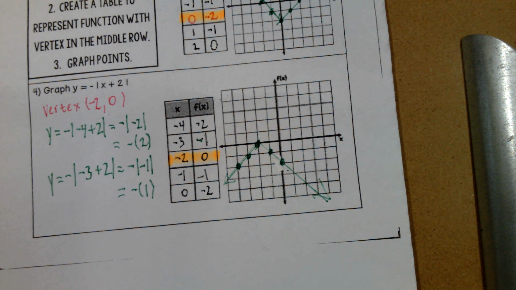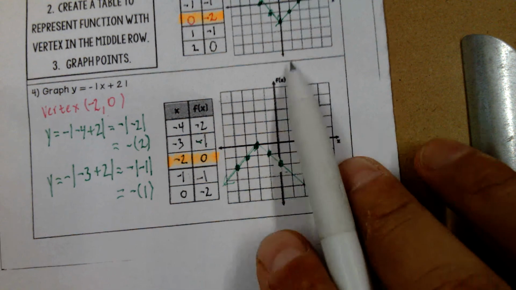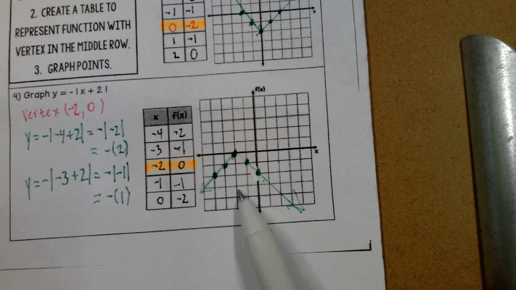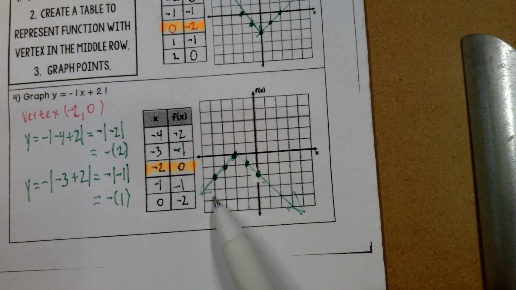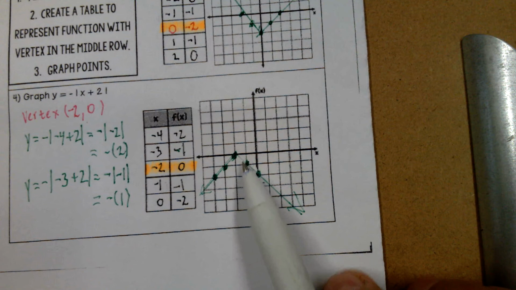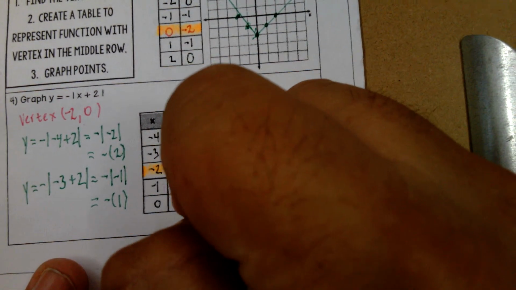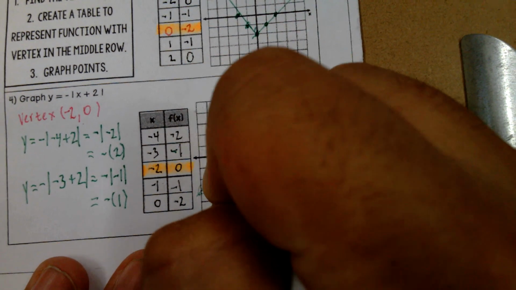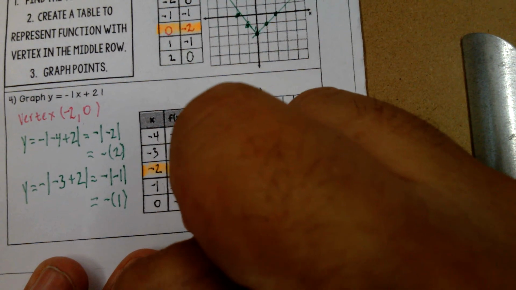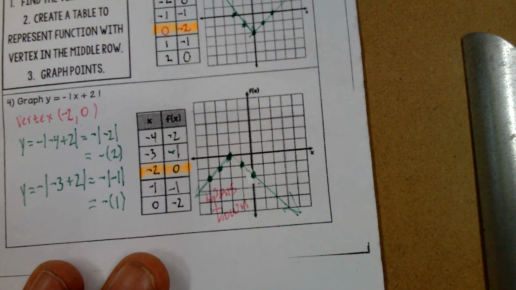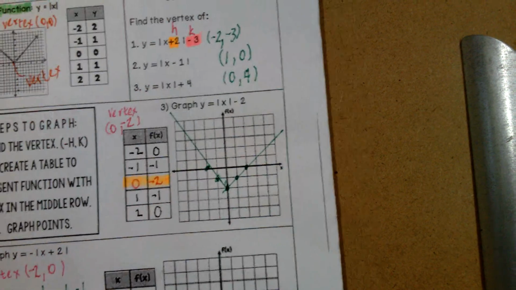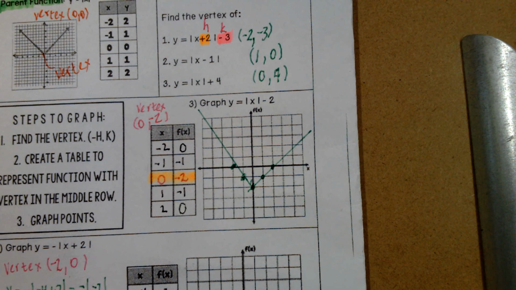All right. So let's observe one thing. How would you describe this? Opening up or opening down? Number 4. Opens down. We'll shorten it in a little bit to just up or down. Would you agree that number 3 here opened up?